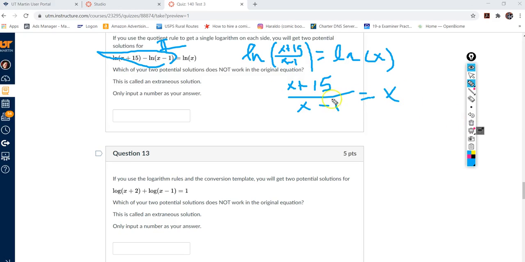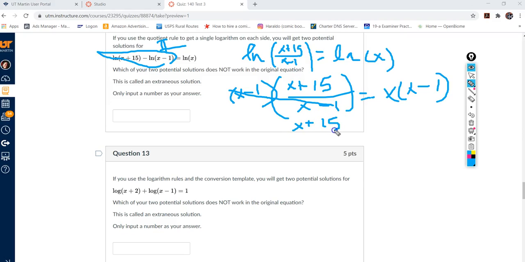So what I do now is I get rid of the fraction. I multiply both sides by x minus 1. So this will cancel, and I'll have x plus 15 equals x squared minus x.